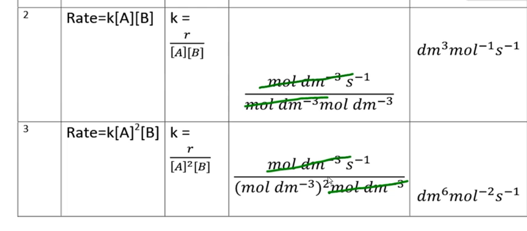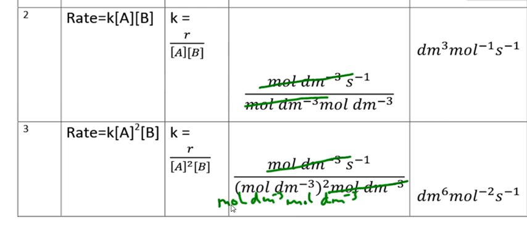Now I'm left with moles decimeters to the minus 3, squared. Now I can take this out of the brackets, and I can just say that is the same as moles decimeter to the minus 3, moles decimeter to the minus 3. So it's like I've got 2 of them.